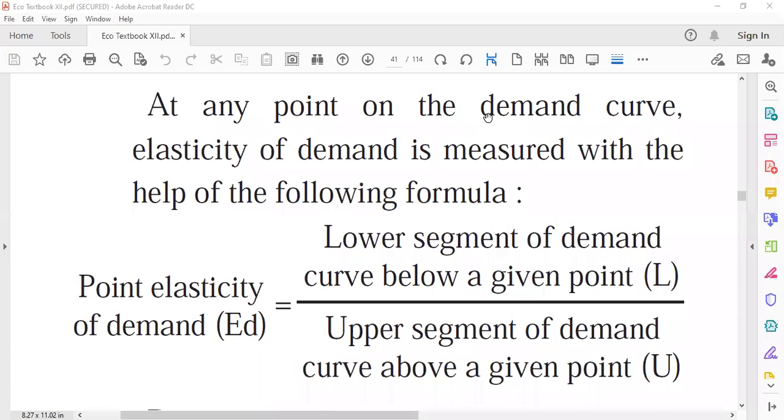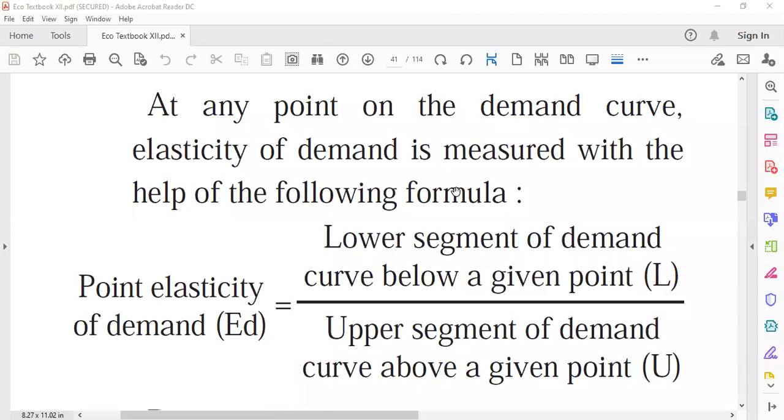That is upper segment and lower segment. Now, to calculate the elasticity of demand, we will use the formula, that is lower segment of the demand curve divided by upper segment.